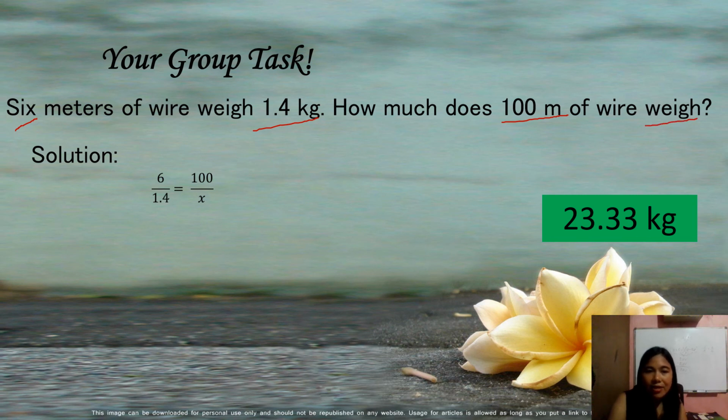Okay? And then cross multiply, you have 6 times x, 6x, and then 100 times 1.4. 100 times 1.4 is 140. Divide both sides by 6. You will come up with 23.33 kilograms. Okay.